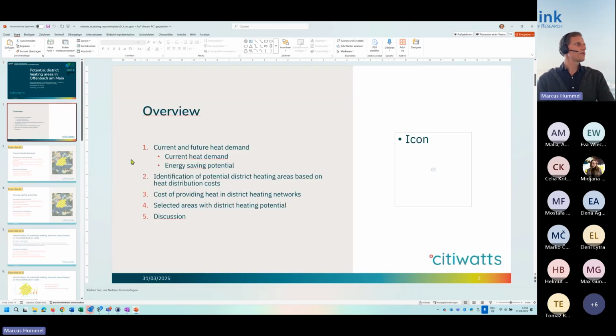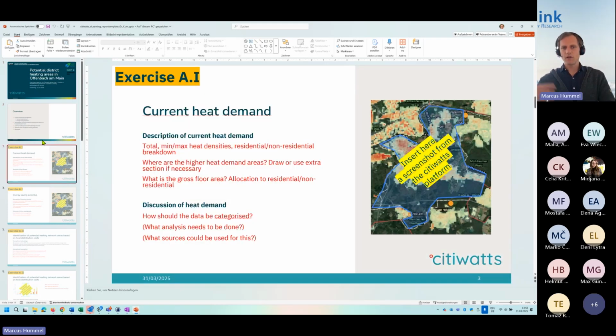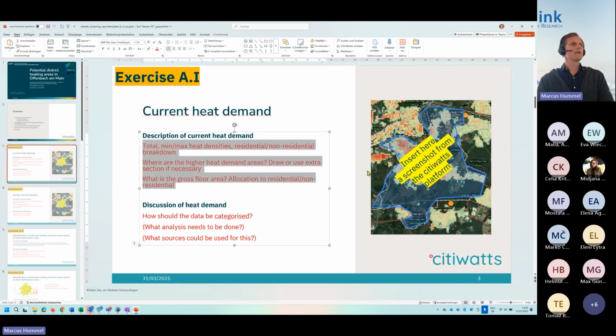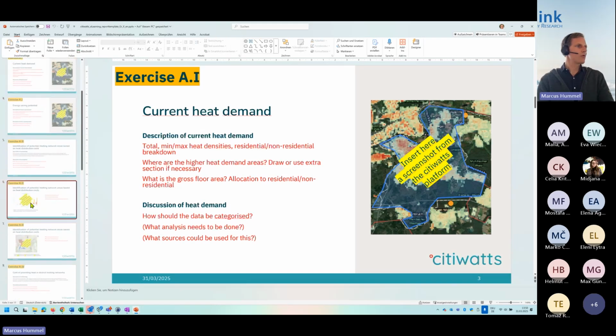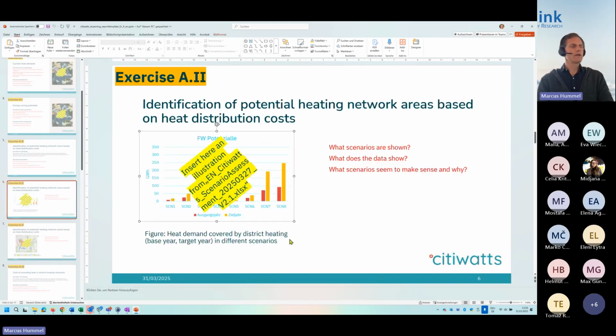And for the exercises that you will find later, you have the option to make your notes, to insert screenshots, and to insert also results from the scenario assessment Excel file. The idea behind is, imagine you analyze that location and you want to present the results later to stakeholders or city administratives or anyone who is interested.